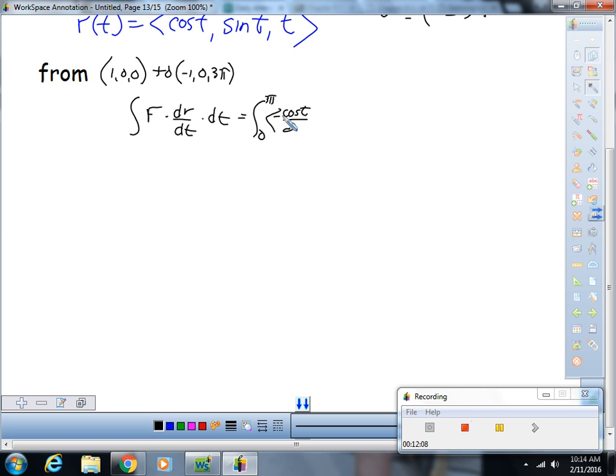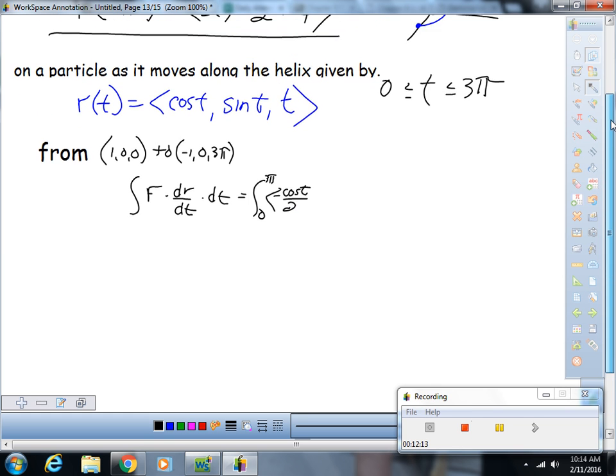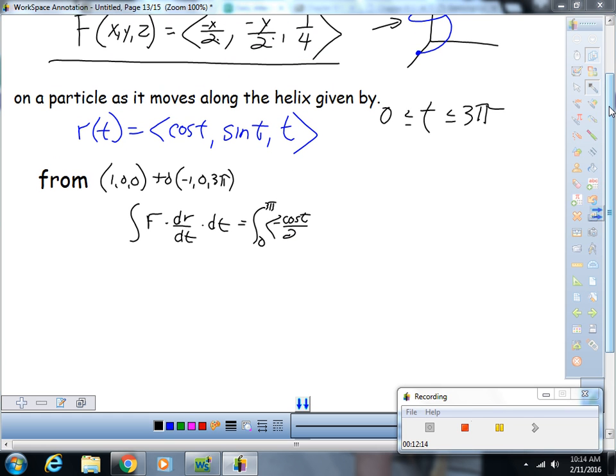That was negative. Let me just scroll up a little bit. Okay, and then comma, negative sine t over 2, comma, 1/4, right? Dotted with, what's the derivative of cosine?